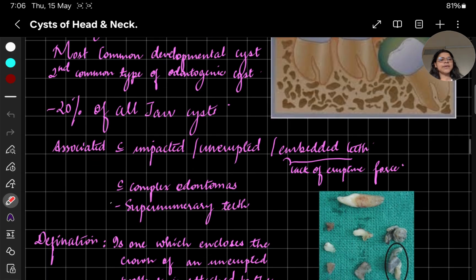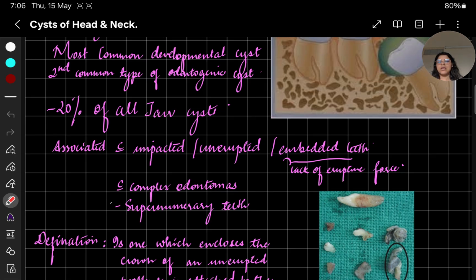Okay, it can be associated with impacted teeth, like in this picture, or an unerupted tooth that is not erupting, or embedded teeth, which have a lack of eruptive force. Embedded is into the bone, which does not have an eruptive force.